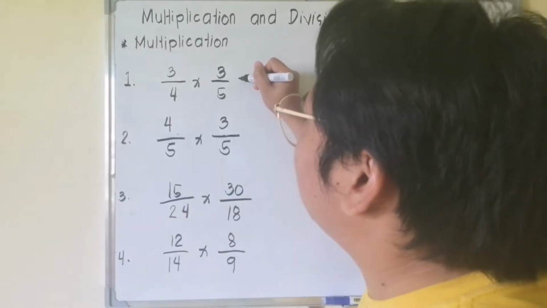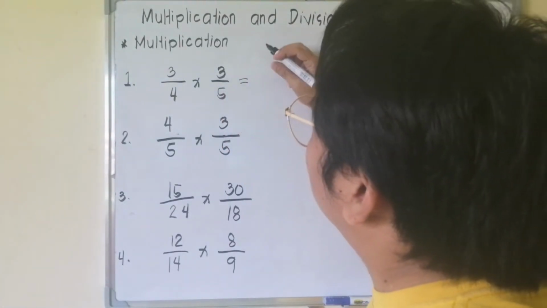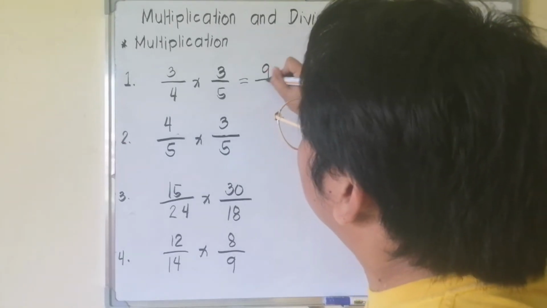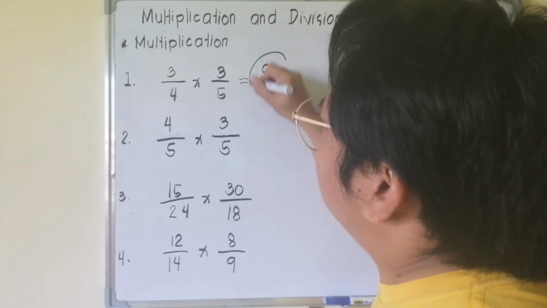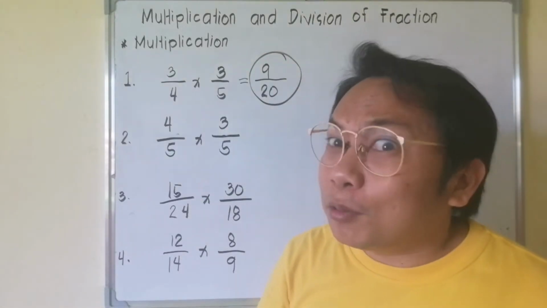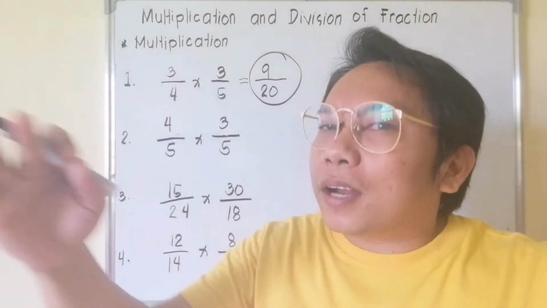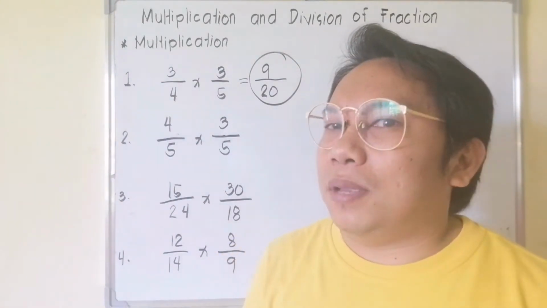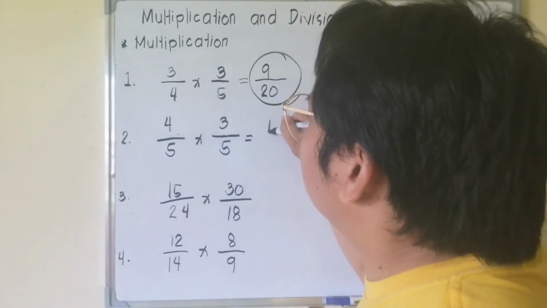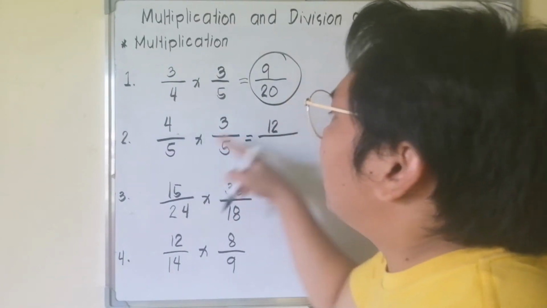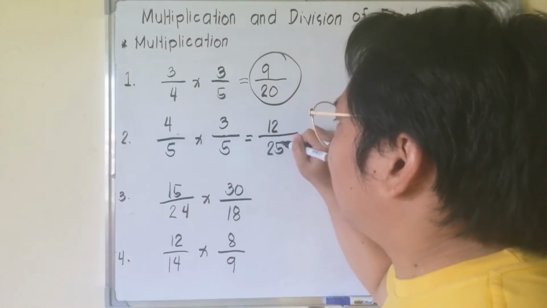So, you have now 3 times 3 will give you 9, and 4 times 5, 20. So, this is now your final answer. Ganun lang siya kadali when you're going to multiply fraction. You multiply the numerators, you multiply the denominators. So, you have now 4 times 3, this is equal to 12, and 5 times 5 is equal to 25.